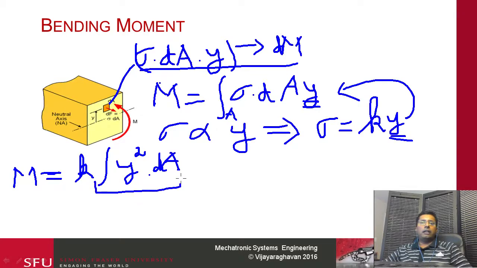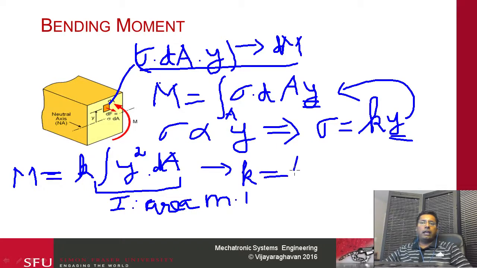This term is a completely structural term. We denote it by the letter I, which is the area moment of inertia. So we call this I. This means my k, which I defined before, is actually M divided by I, and then I can take this and substitute it over here.